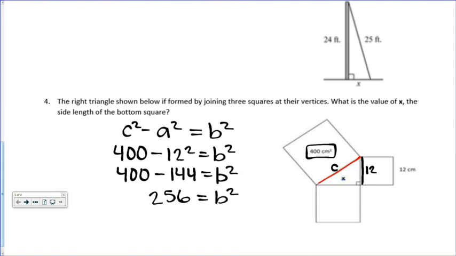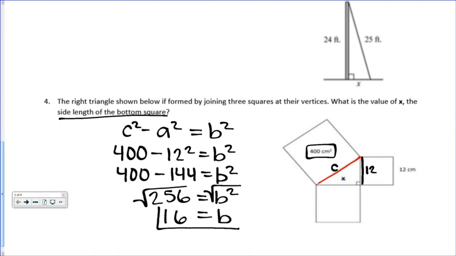Is it asking me for the area or is it asking me for the side length? So I go back. It says, what is the value of x, the side length of the bottom square? So I have to keep going. I need to figure out what the side length is. So I need to keep solving for b. So I'm going to square root both sides. And the square root of 256 is 16. So my side length that I am missing is 16.